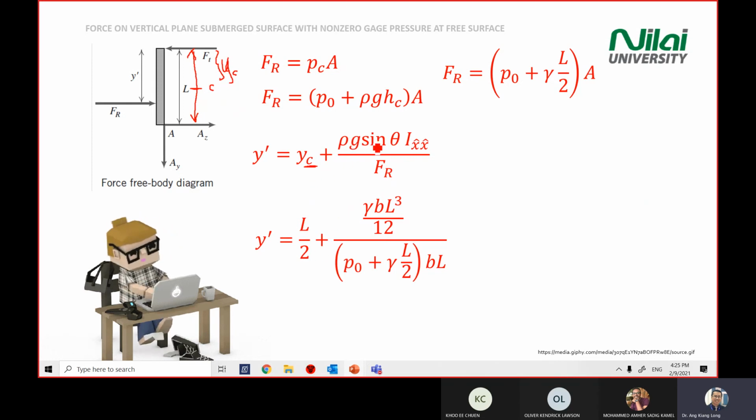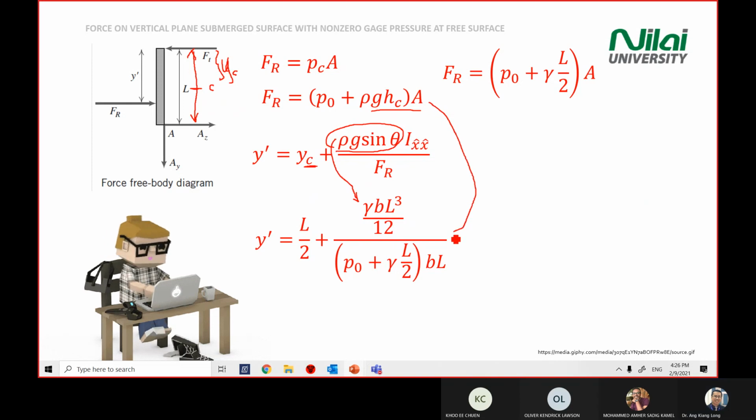And rho G sine theta, the sine component, is your specific weight. Yeah, this one is your specific weight component. And your FR, you replace the equation into this one.